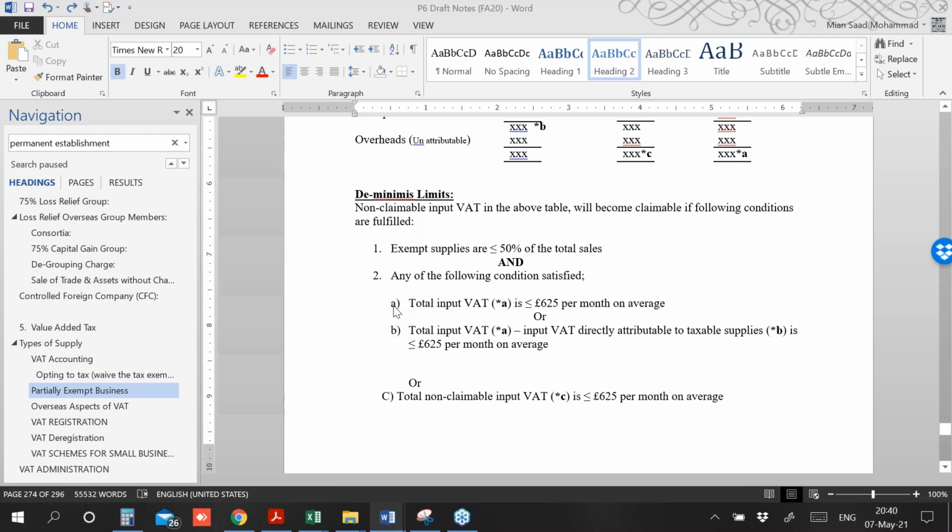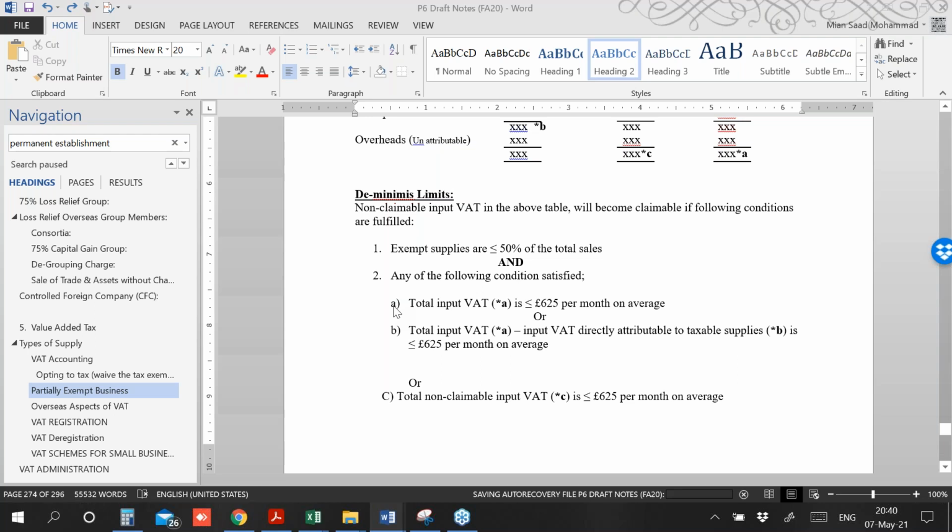If the question has given you the data in quarterly format, you can multiply this limit by 3 to check whether you pass this test or not. So obviously if your total input VAT is more than 7500, you do not pass this test. Total input VAT includes VAT relating to taxable supplies as well as non-taxable supplies.